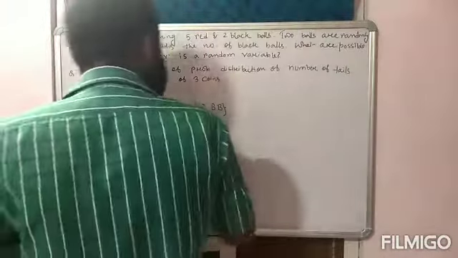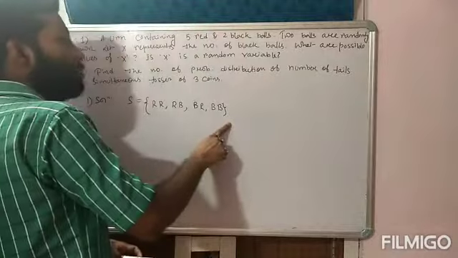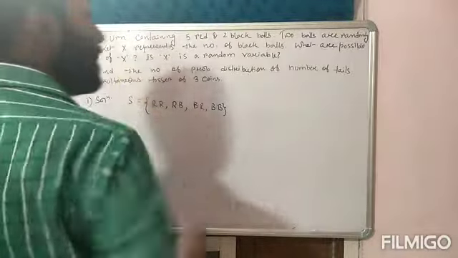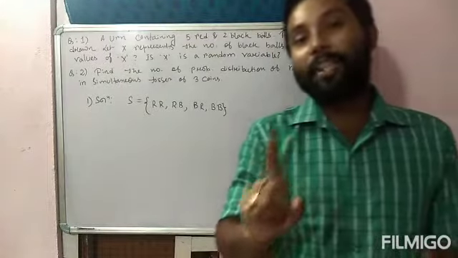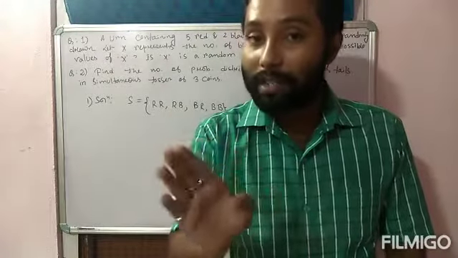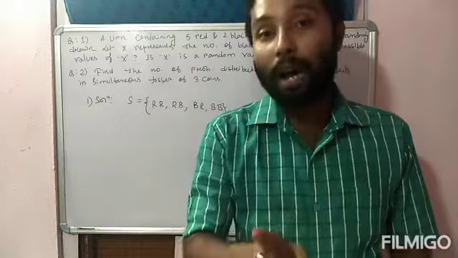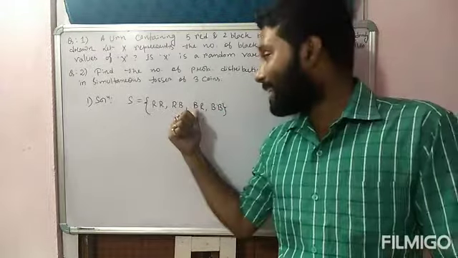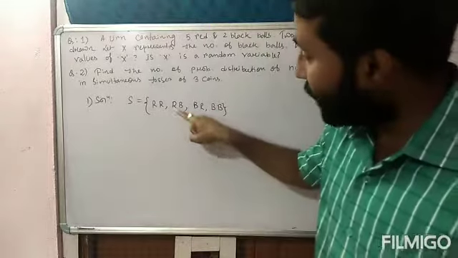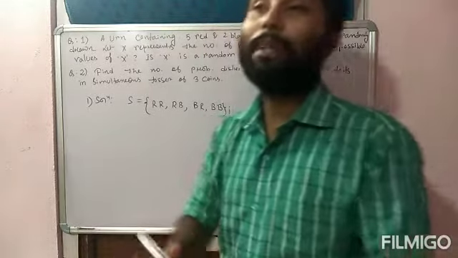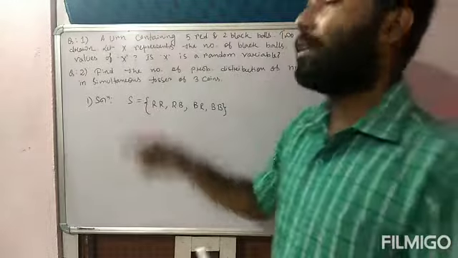Now from these sample points only you have to determine the possible values of x, because random variable का definition क्या है? A random variable is a real valued function, मतलब real numbers, whose domain is the sample space of a random experiment. So first write the sample space, then it will be easy to determine the possible values of x.